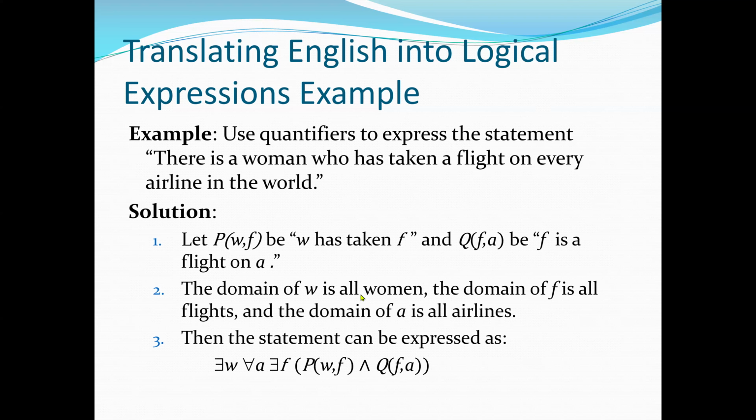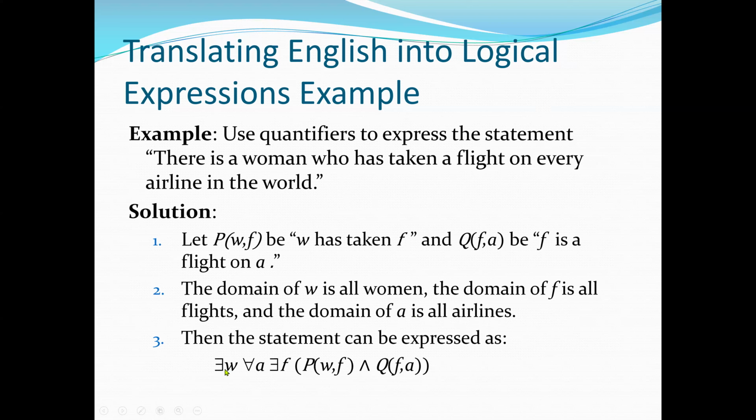So there's some woman. So here we are using the existence of woman and all flights, because the woman has taken all flights, not all women, but some woman has taken all flights. Sorry, some woman has taken, a is for airline. Sorry, a stands for airline. Let's make sure. Yeah, the domain of a is all airlines.